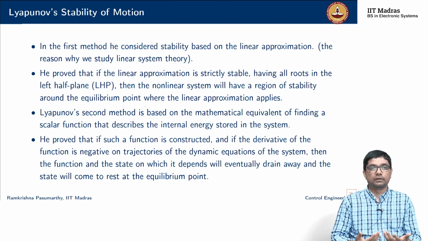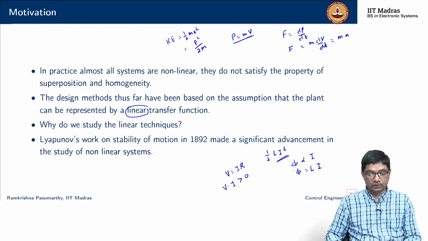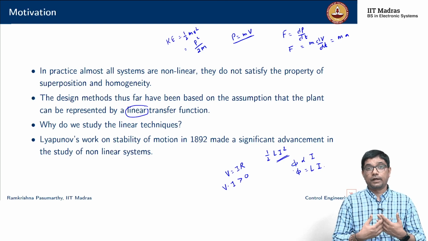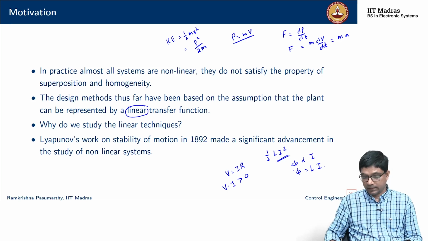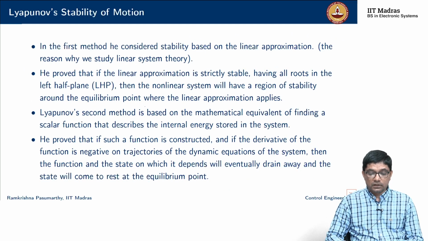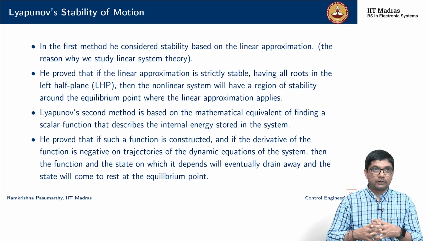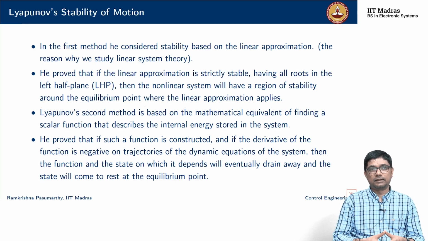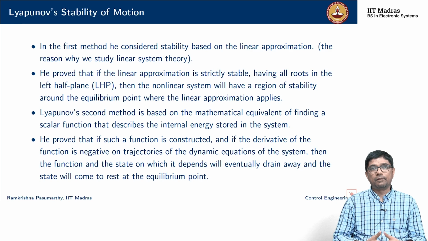That is the most important contribution, starting from the work of 1892, where the dynamical systems world had a very nice view of looking at stability of systems. We will do the first method, and not the second method, even though briefly I will mention what it means.